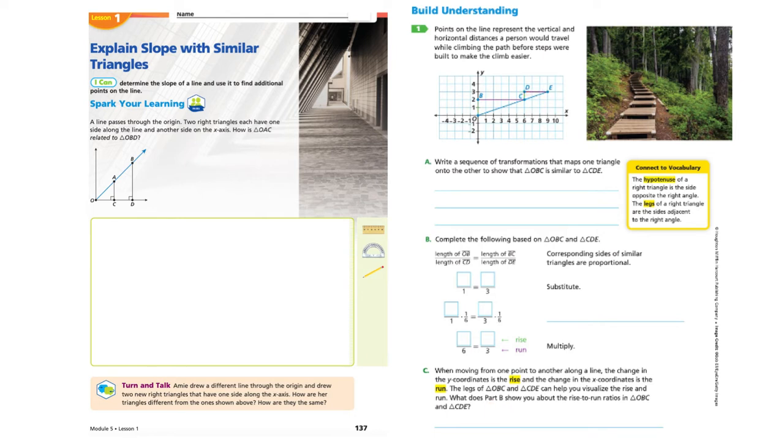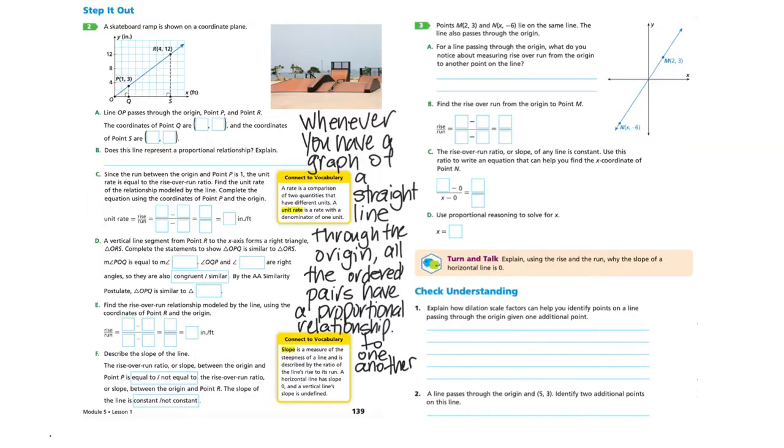What does part B show you about the rise to run ratios in OBC and CDE? So again, they want you to go back and see what happened here. What did you notice when you got to the end of that part? So pause the video here, work on those, and then you can go on to the next page.